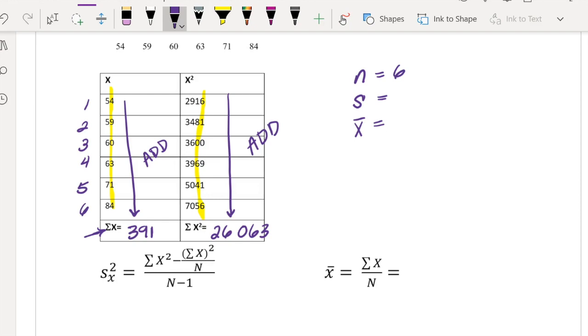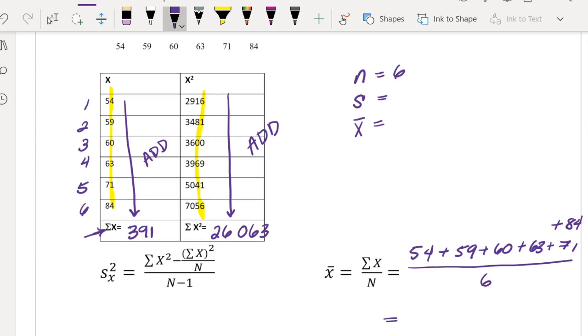Next, I'm going to find my x bar because that's easier. So I can do 54 plus 59 plus 60 plus 63 plus 71 plus 84 over n, which is 6.